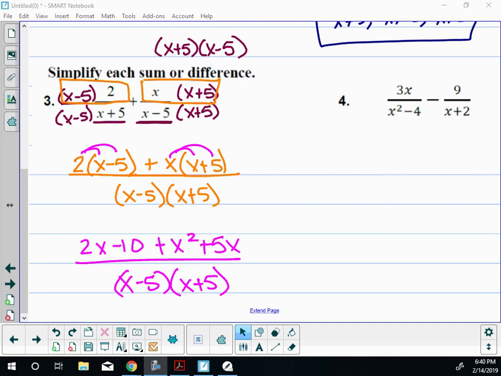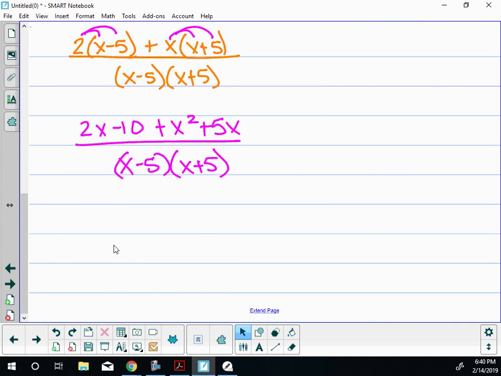If we simplify that, combine like terms if we can in the numerator, we have an x squared, we have a 2x and a 5x, so that's going to add up to 7x, and then a minus 10.